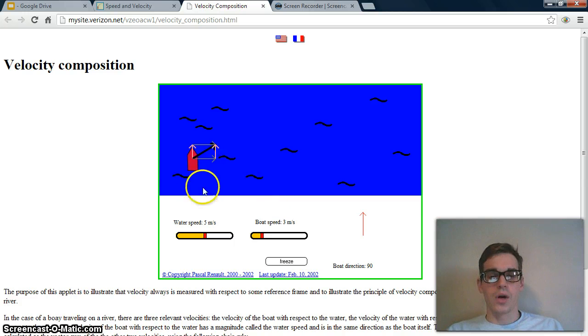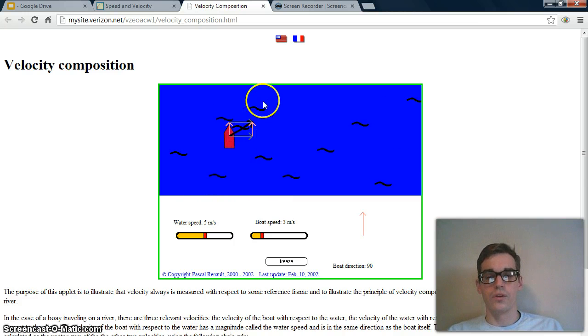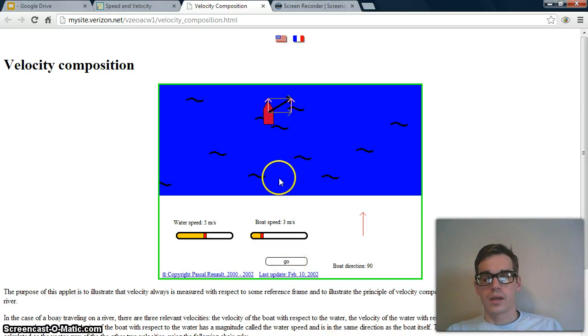So as the boat moves, there are several different things going on. Okay, we have to take into account that the boat is moving towards the shore on the opposite side. So that's going to be one velocity, because it's just counting its displacement from one point to another, straight line trajectory.